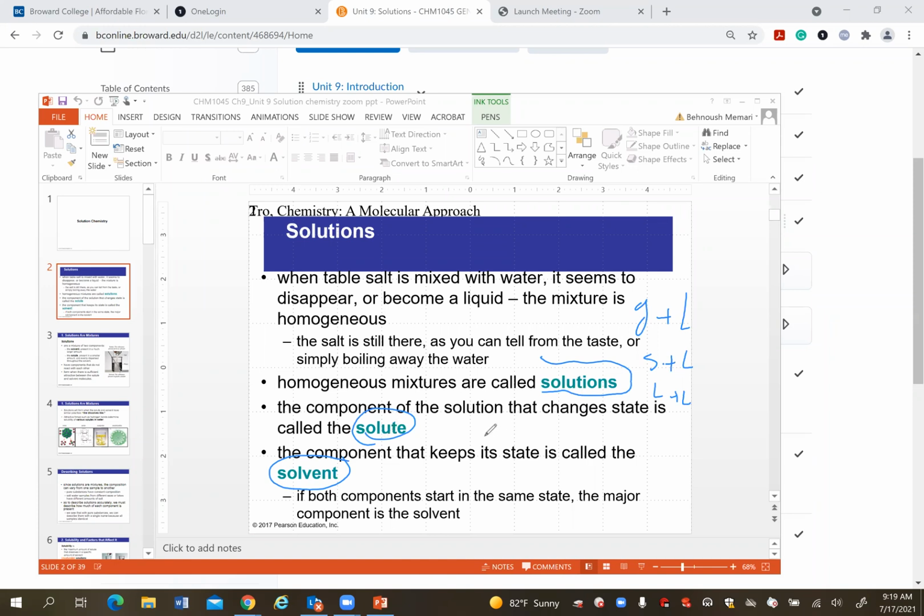So if you have 90% water, 10% salt, so 90 grams of H2O plus 10 grams of NaCl, then you have NaCl solution, an aqueous solution. Sodium chloride is going to be the solute because the quantity is lower, and water is going to be the solvent.